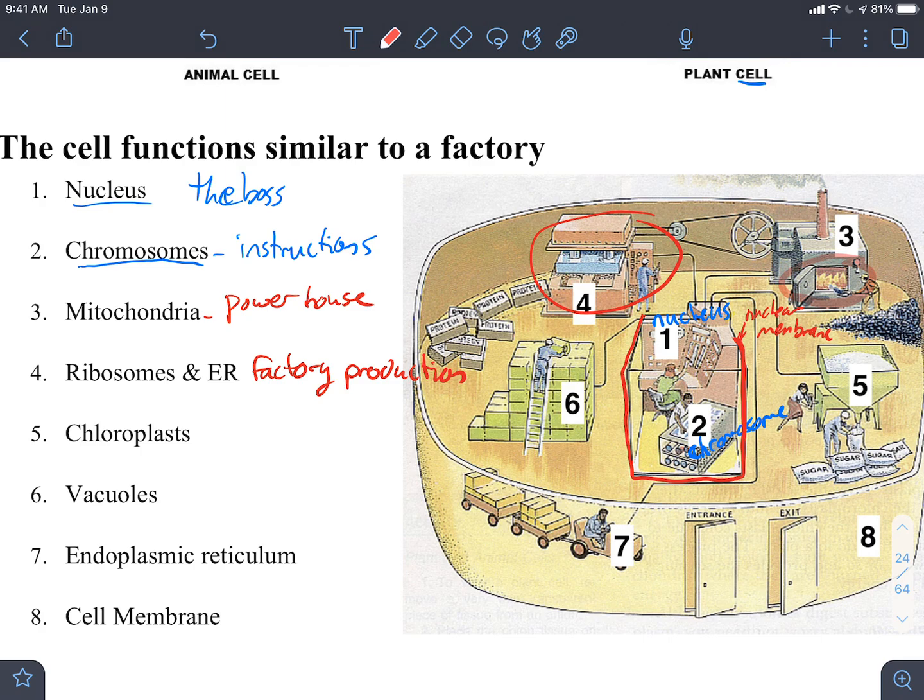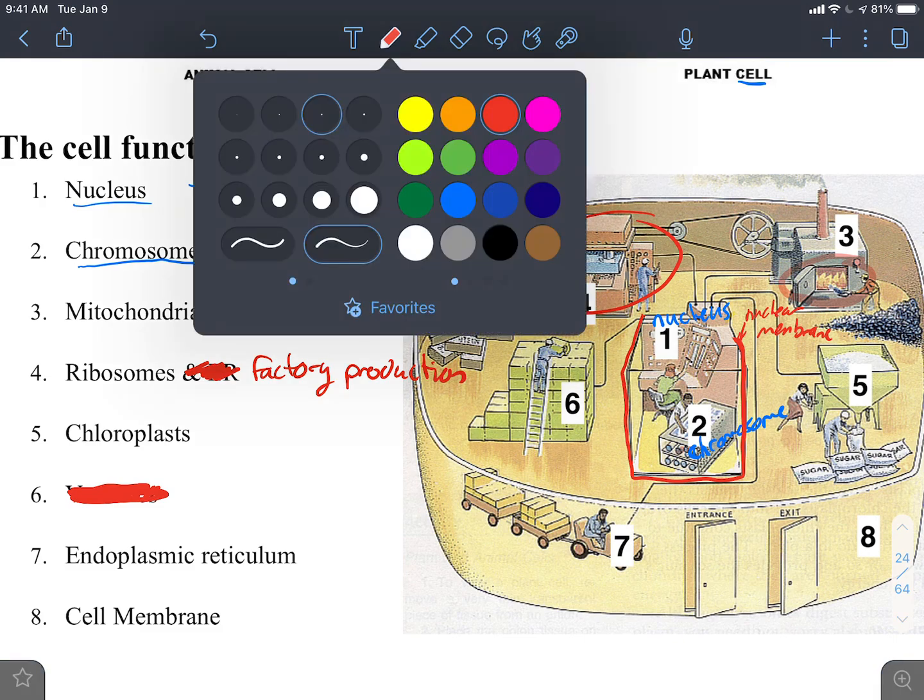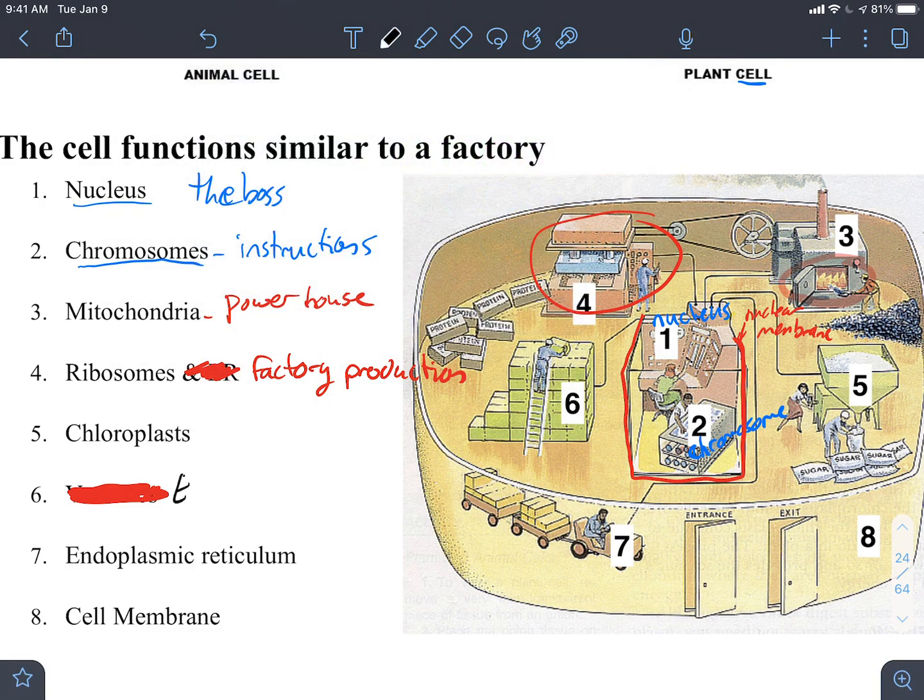They're producing protein, and that protein gets packaged up. And I'm going to actually say that this is not a vacuole, I don't think. I think that's the wrong image. We're going to put the endoplasmic reticulum down here. So this is the endoplasmic reticulum. And that's the packaging.